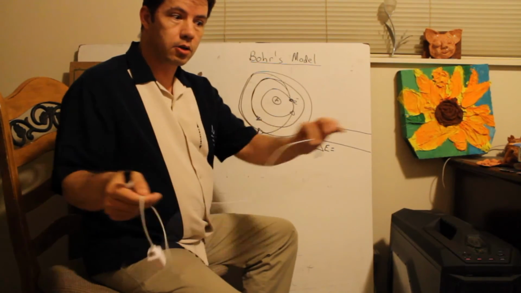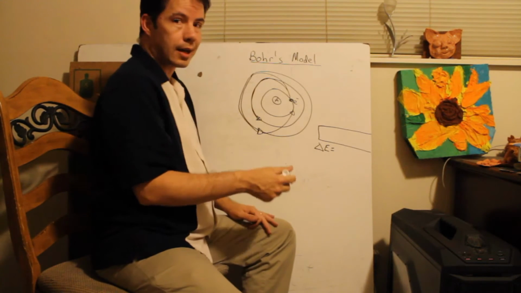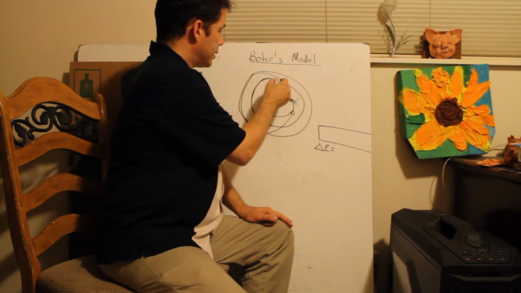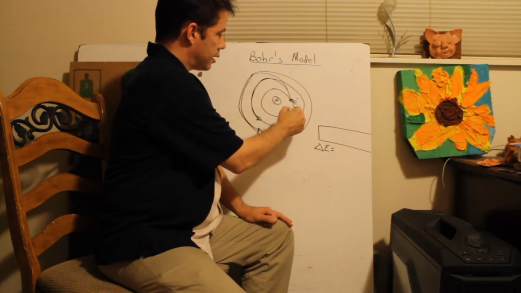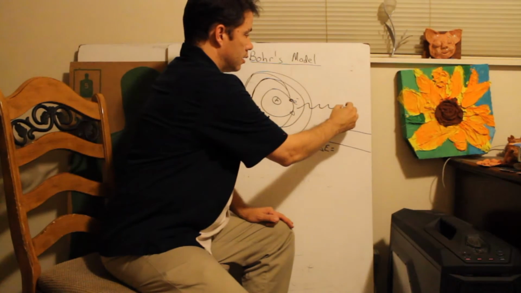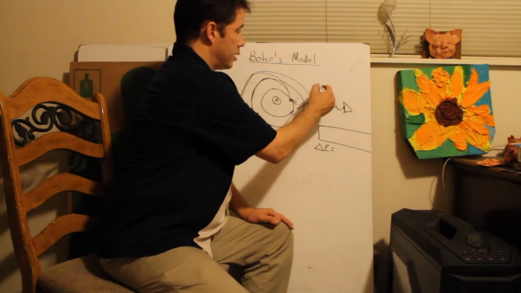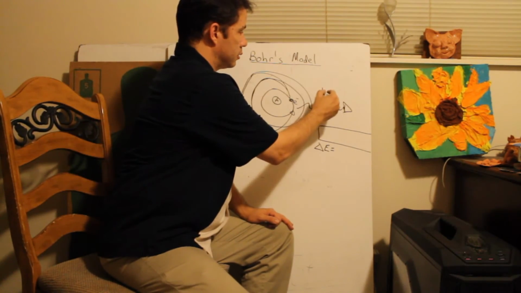The energy has to come out. So as the electron comes back down to where it started, it releases a ray of light, a single piece of light we call a photon.